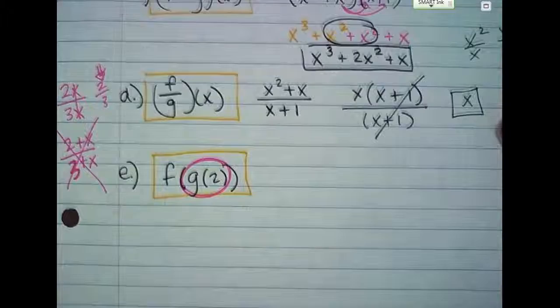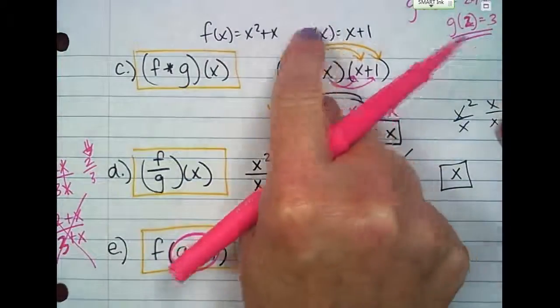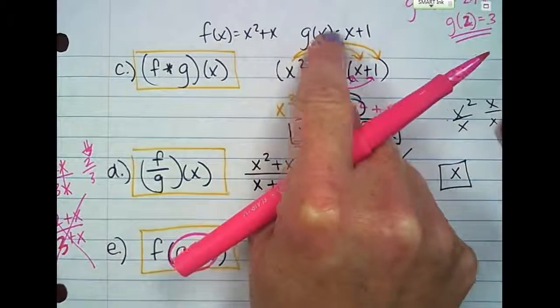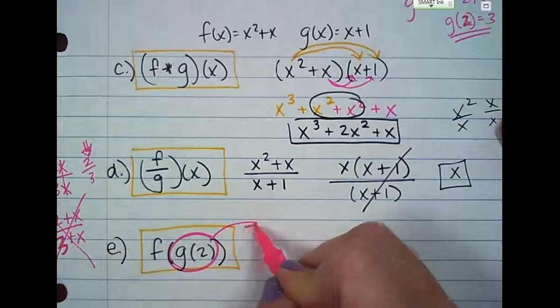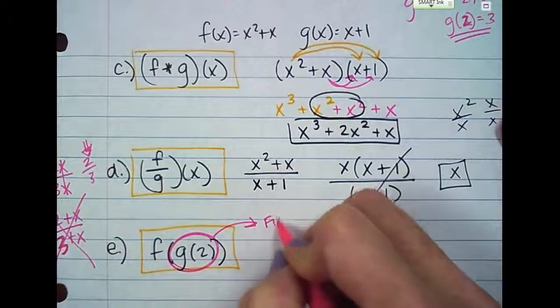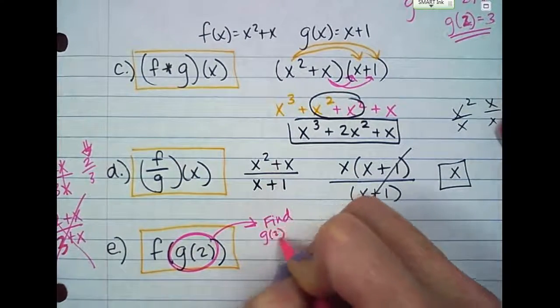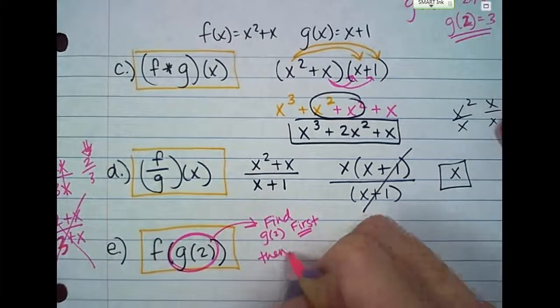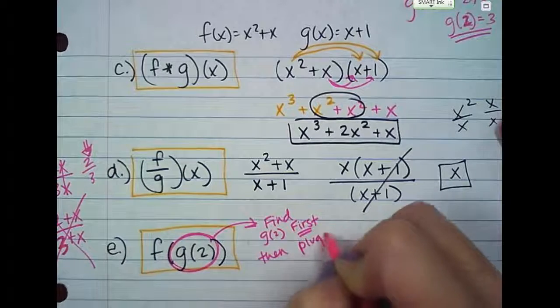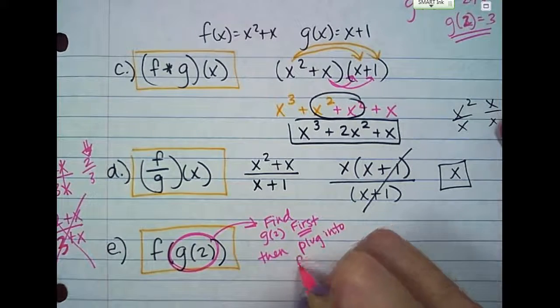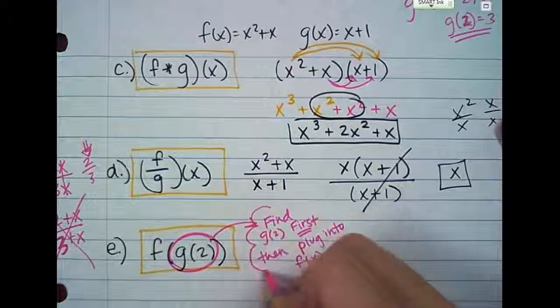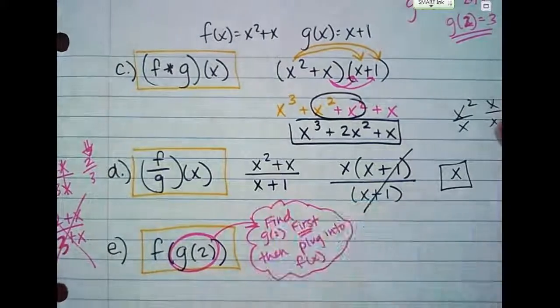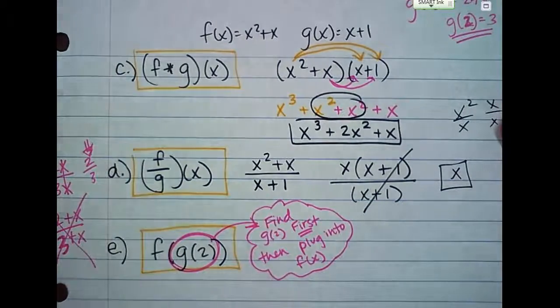Then go back to your original problems, which were up here. You can write yourself a note: find g of 2 first, then plug it into f of x. That's a very important thing to do. But work from the inside out.